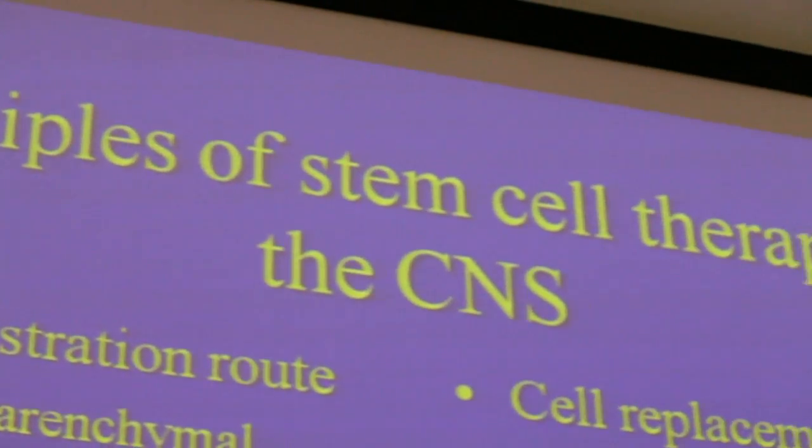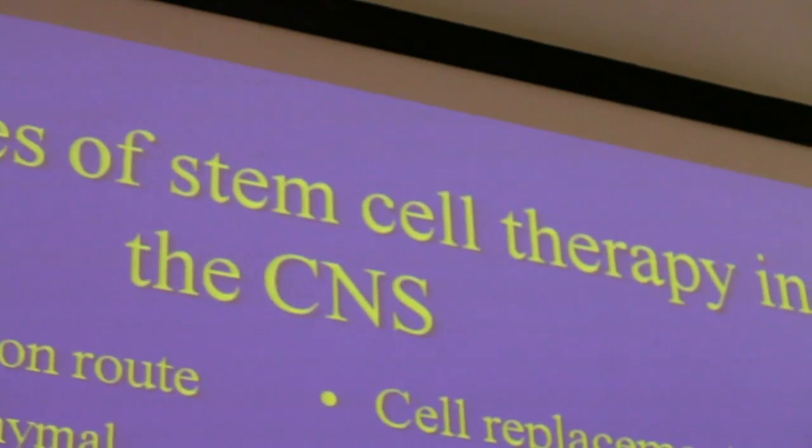You can see the main principles of stem cell therapy in the central nervous system, and the main concerns are about the administration route, which can be directly in the parenchyma, or systemic, or even intracerebroventricular. In the last 12-15 years, more than $500 million have been spent to find a treatment for ALS. Many drugs have been tested.